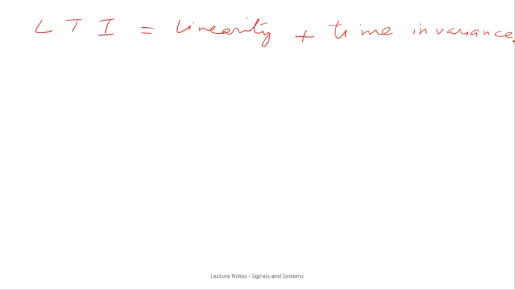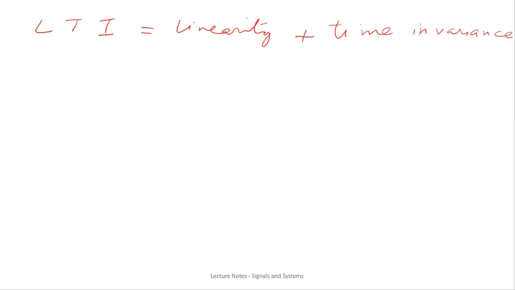I had already explained that LTI systems or linear time invariant systems are those systems which have the property of linearity and time invariance both. This is the condition for a system to be called a linear time invariant system. It should have both linearity as well as time invariance property.